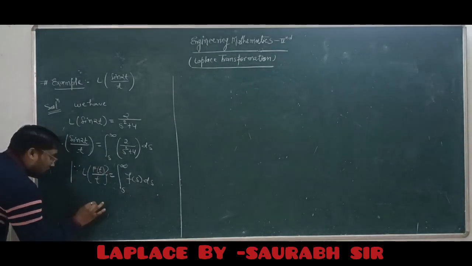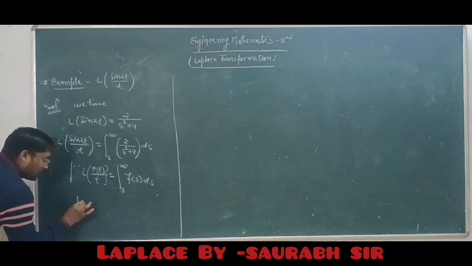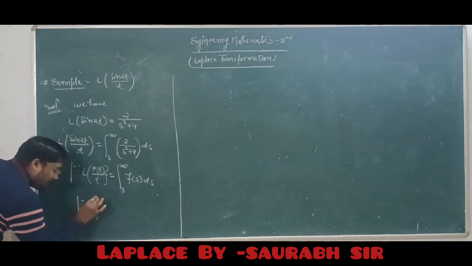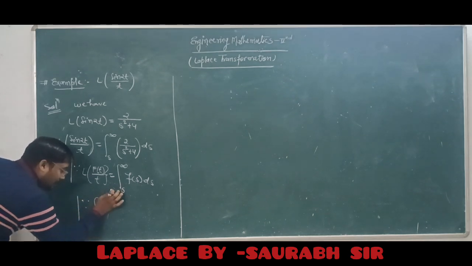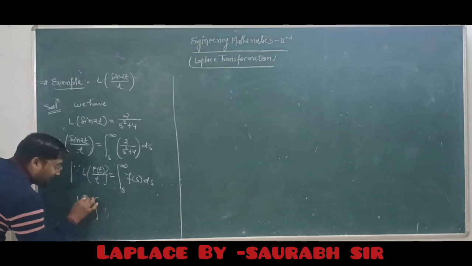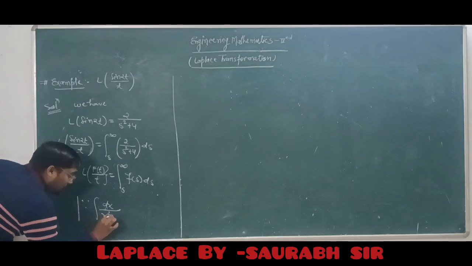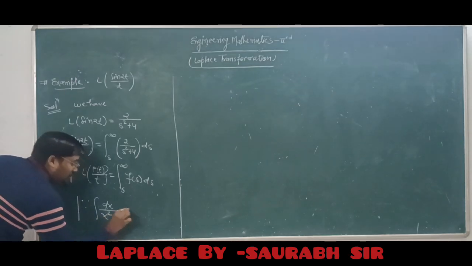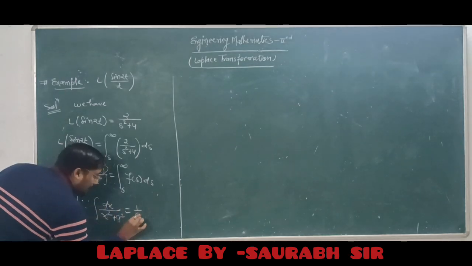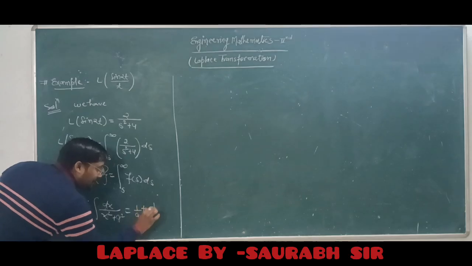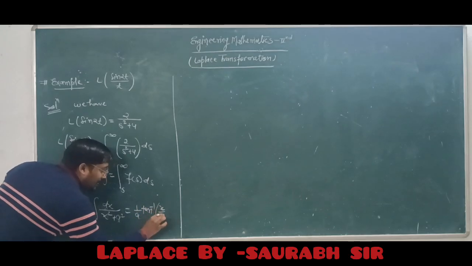Now you know that integration of dx upon x square plus a square is equal to 1 by a tan inverse x upon a.